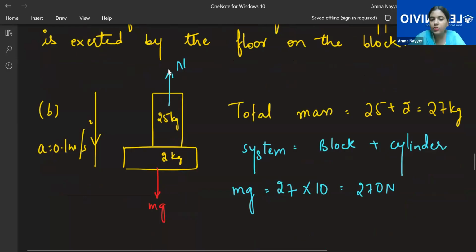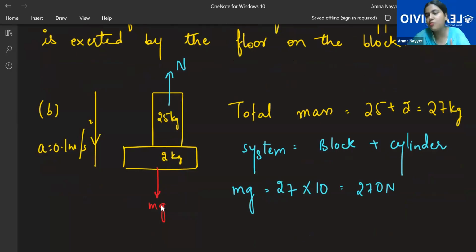Class, we have studied the application of Newton's second law when acceleration is there. Can anyone tell me what will be the equation that will be formed? Because this time normal reaction is not equal to mg. Got it? Normal reaction is not equal to mg because the entire system is accelerating.